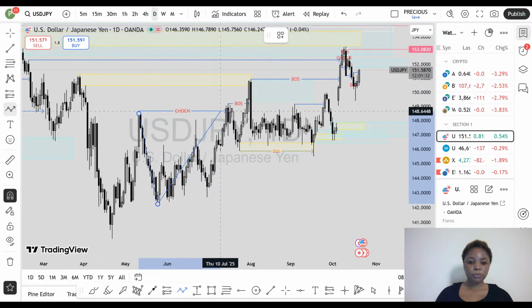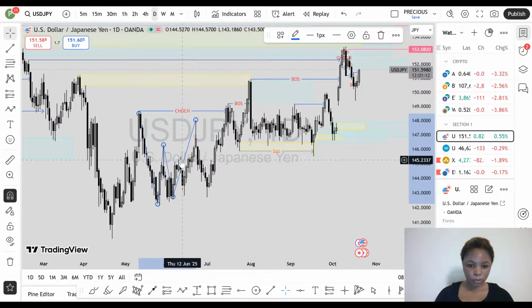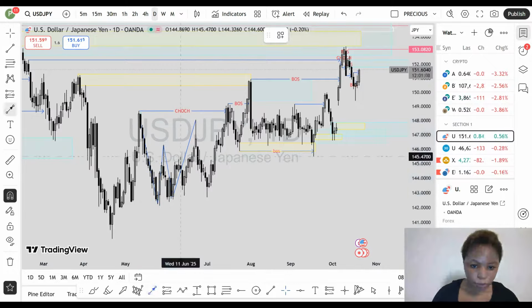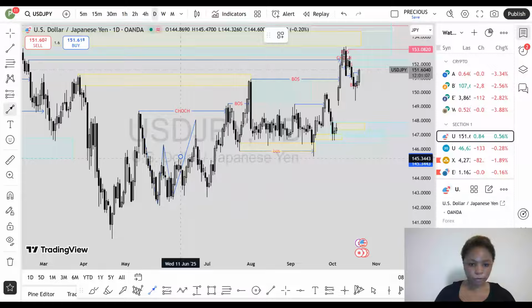You see, before market moved all the way to this level here, market created a high, gave a retracement again, moved to create a high again. As a result of market creating this high, can you see the internal break of structure we have here? We have this internal break of structure as a result of market trying to create this high here.